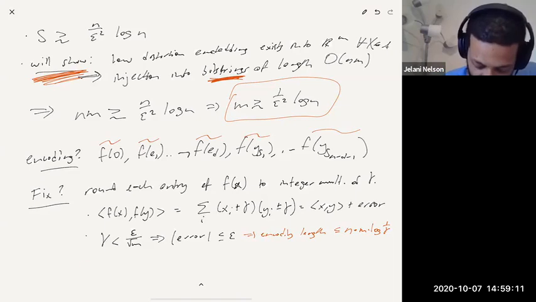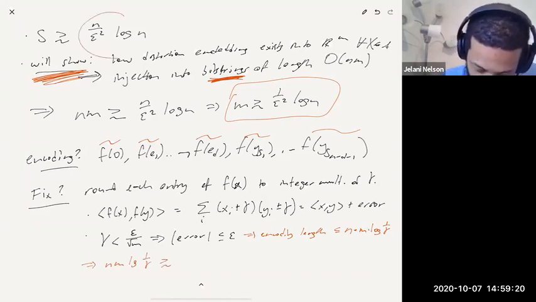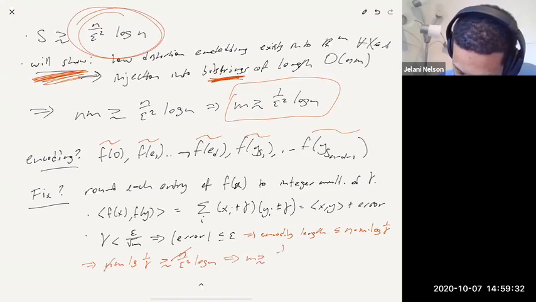So now you get that n m log 1 over gamma has to be at least the same lower bound we had above, n over epsilon squared log n. And if you solve for m, the n's cancel, and basically what you get at the end of the day is m is at least 1 over epsilon squared times log n over log 1 over epsilon plus log n.